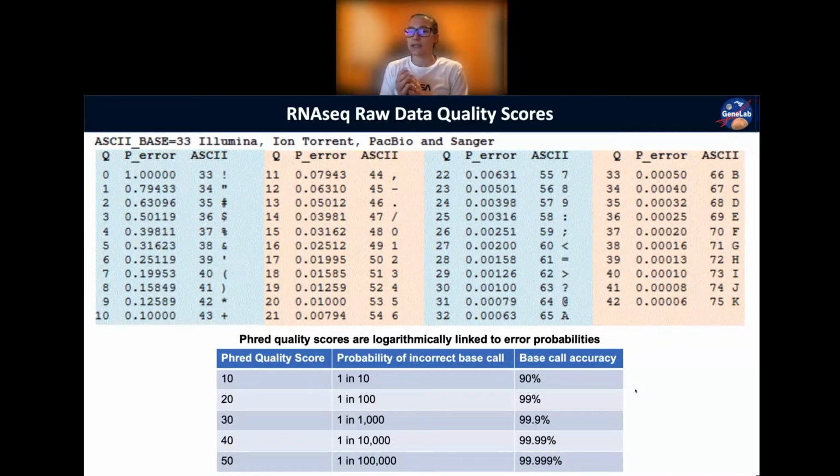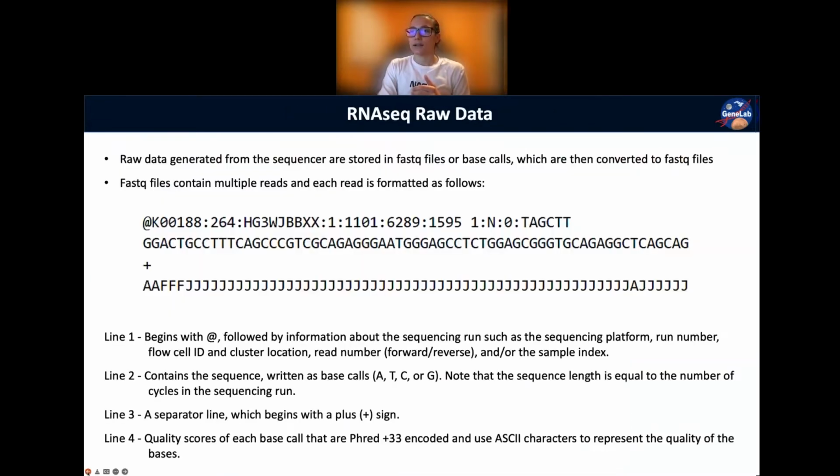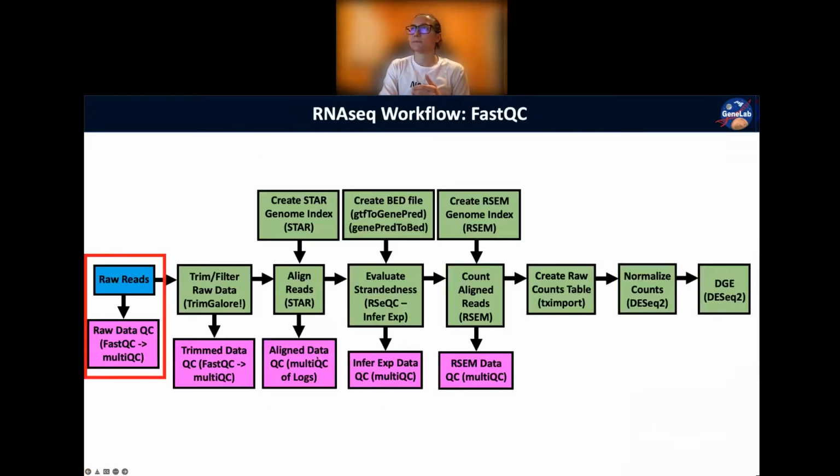FastQC is probably one of the more common tools used to assess the quality of reads inside FastQ files. Bringing it back to the RNA-seq workflow, the first thing that we do once we have our raw reads is assess the quality. We're looking at the quality of each read, and we're going to use the FastQC tool to do this.